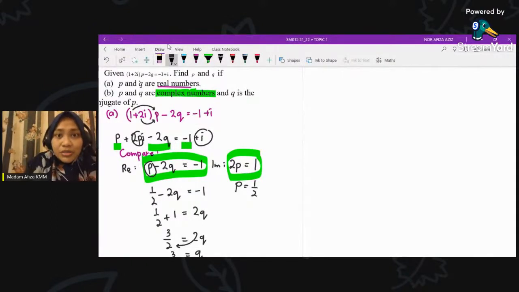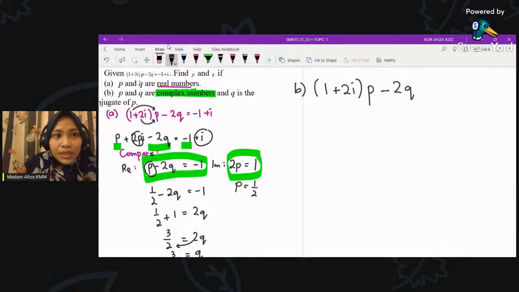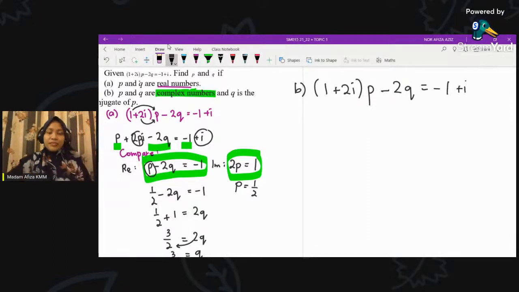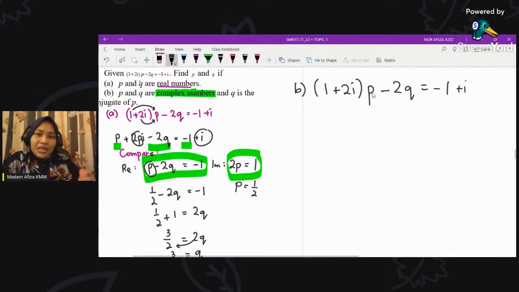The same question, I will use the same question for part B: (1 plus 2i) times P minus 2Q equals negative 1 plus i. But now we are treating P and Q as complex numbers.